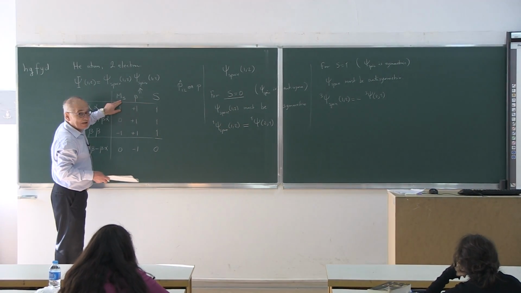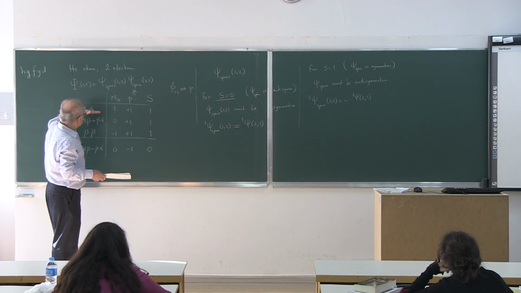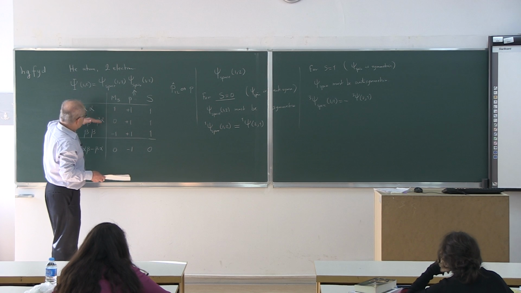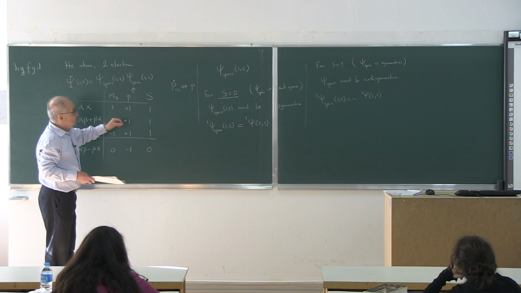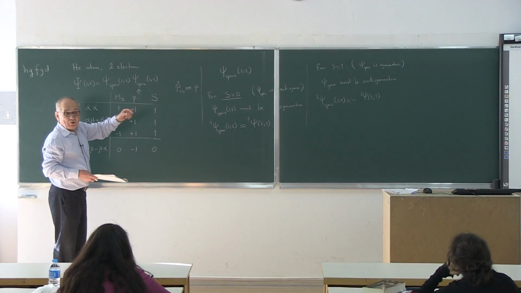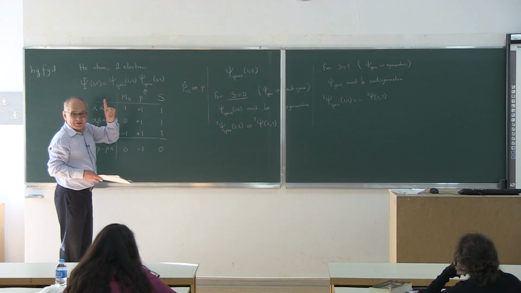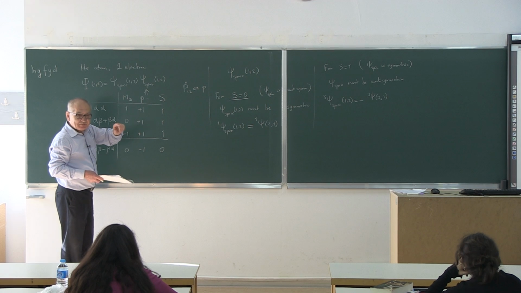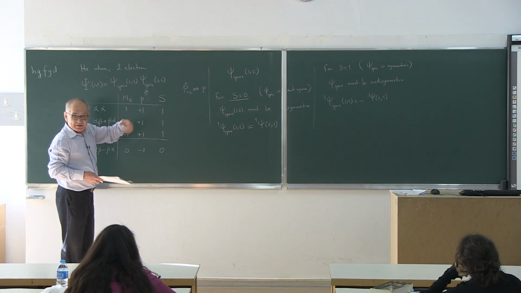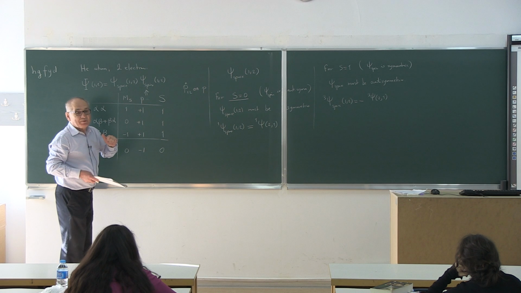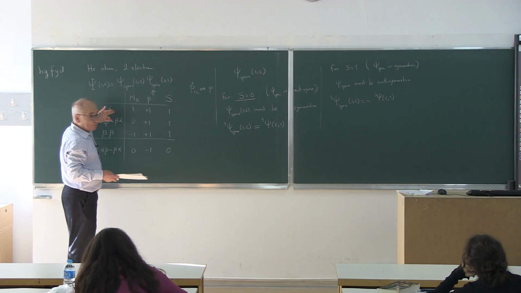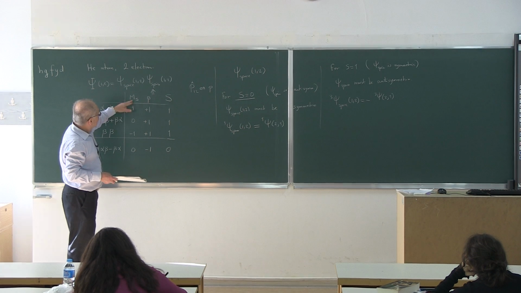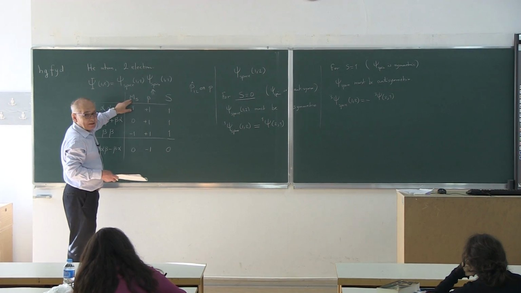It doesn't depend on MS value. So whether it is this spin factor or that spin factor or that spin factor, for the triplet state, we always obtain just one energy, which means there is a degeneracy in the triplet states, and the number of degeneracy is equal to the number of different spin functions, which you may also count from MS values.